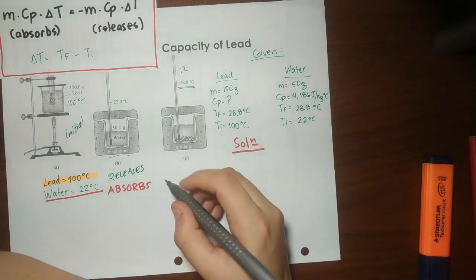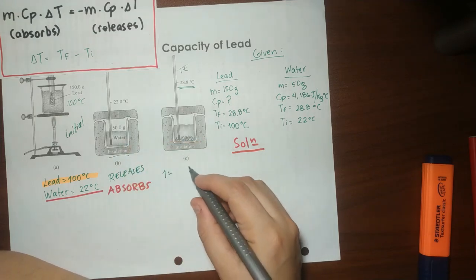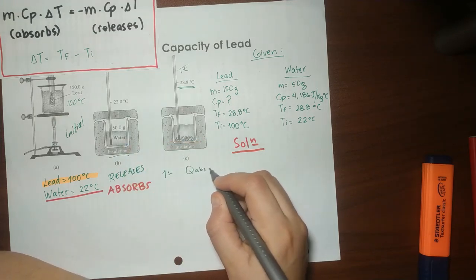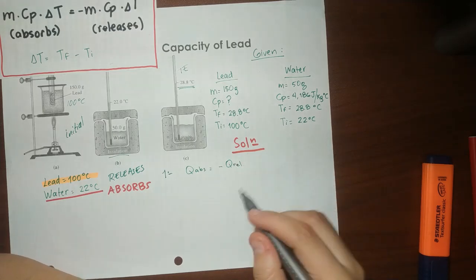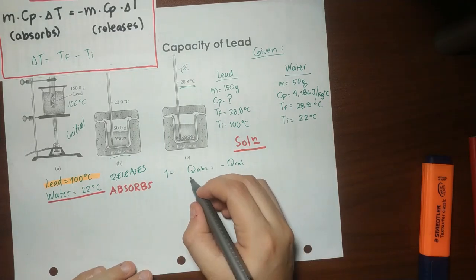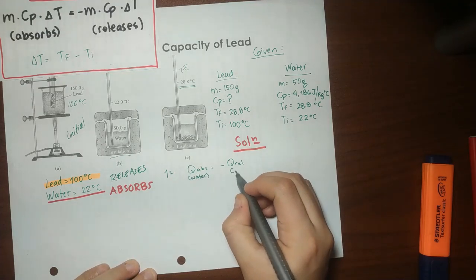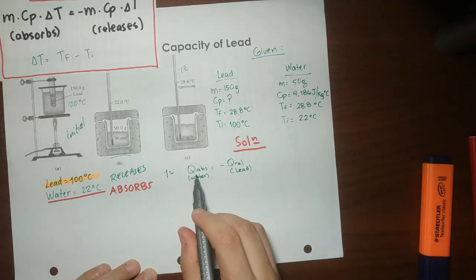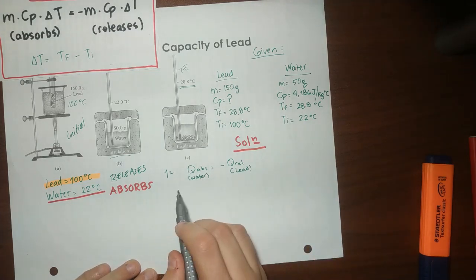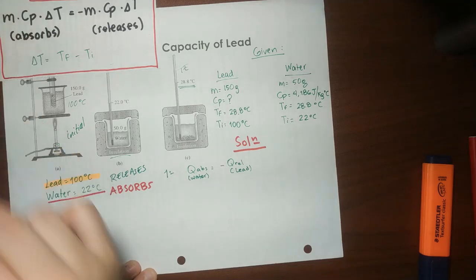So I have my first step to be Q absorbed equals negative Q released. Which one absorbs? Water. Which one releases? Lead. Now, on this side of the equation, I will write my mass, my specific heat, and my change in temperature of water.